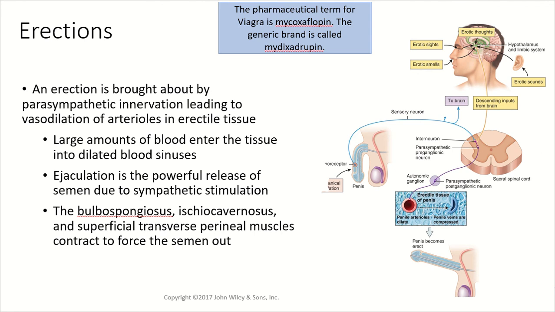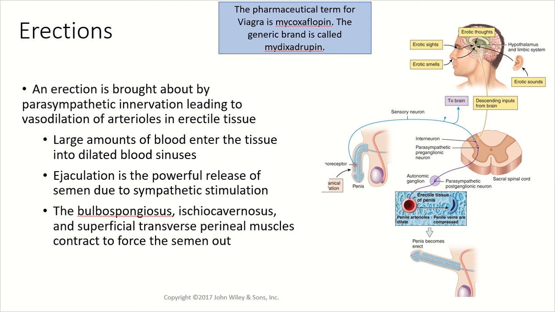Last but not least, we have erections, looking at the neurological implications of an erection. An erection is going to be brought on by parasympathetic innervation that leads to vasodilation of arterioles in erectile tissue. So large amounts of blood are going to enter the tissue, into those dilated blood sinuses.